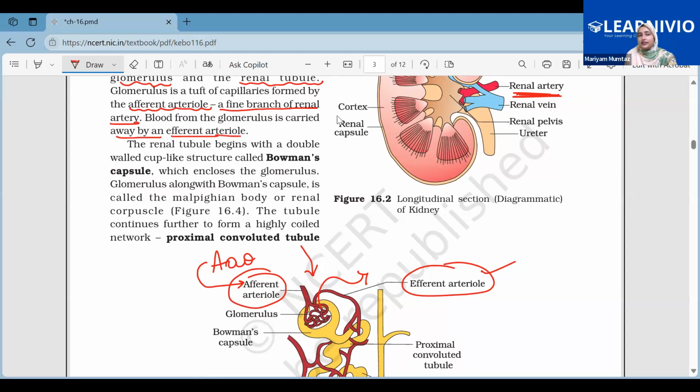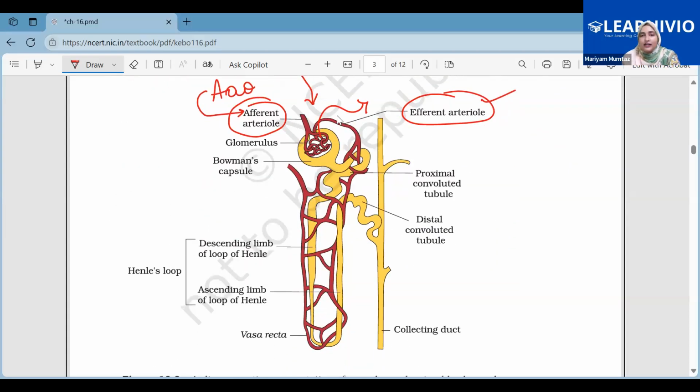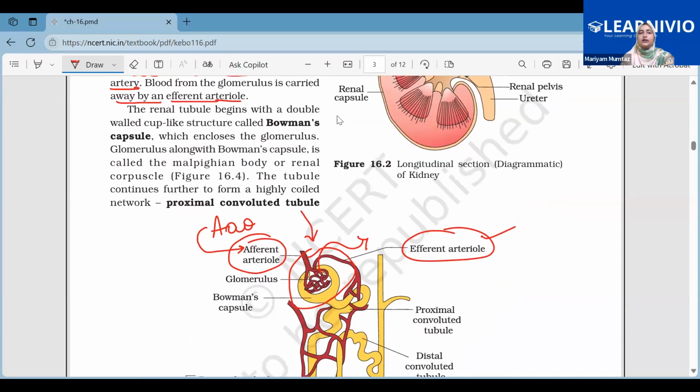Now the renal tubule: apart from this particular structure, all the other convoluted, topsy-turvy things that you see are all tubules of the kidney. These are renal tubules, okay? All of them. The renal tubule begins with a cup-like structure that is called the Bowman's capsule.